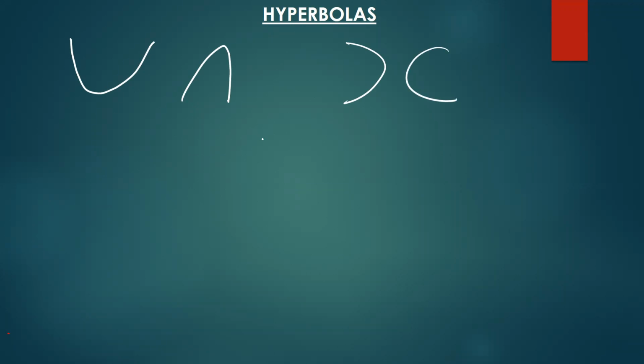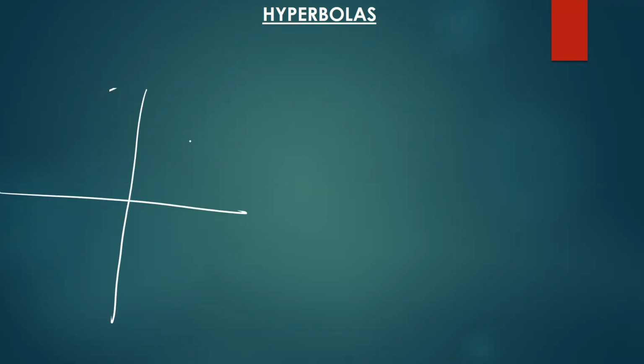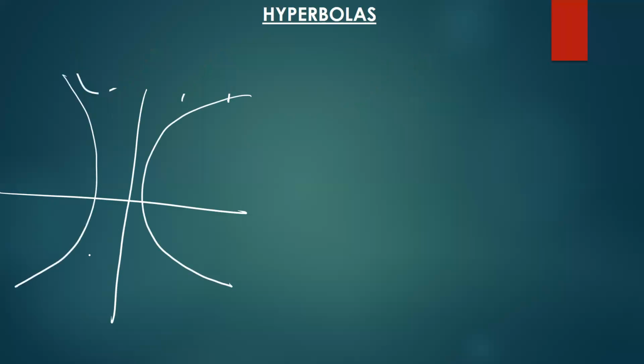But when we start discussing hyperbolas, we are going to be having two curves on the same XY plane, facing in opposite directions. So what I mean is you have the XY plane like this, and then you have two curves. One is going to be facing this side, the other one will be facing like that. And then on top of that, you need to find the asymptotes for these curves.